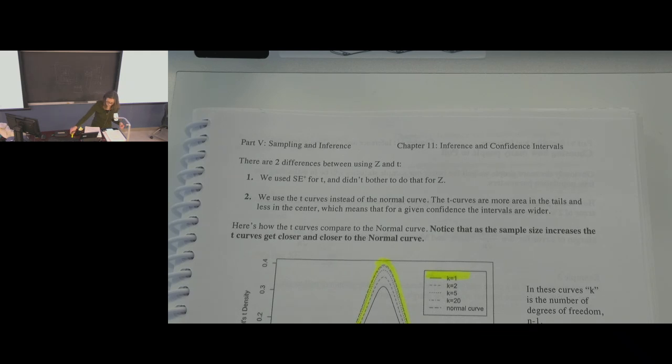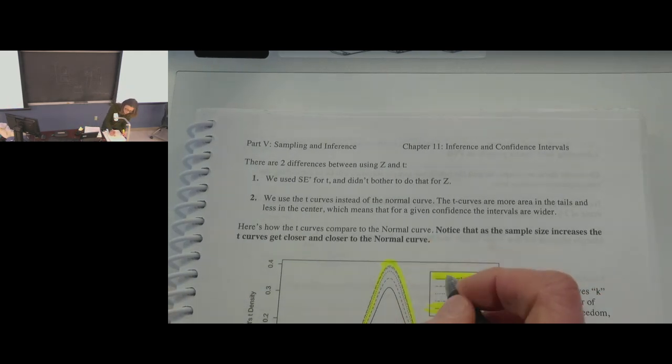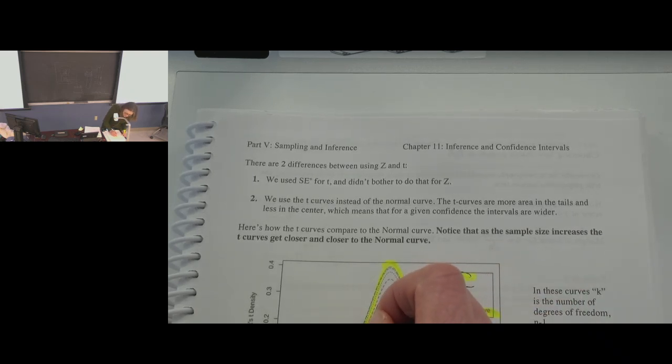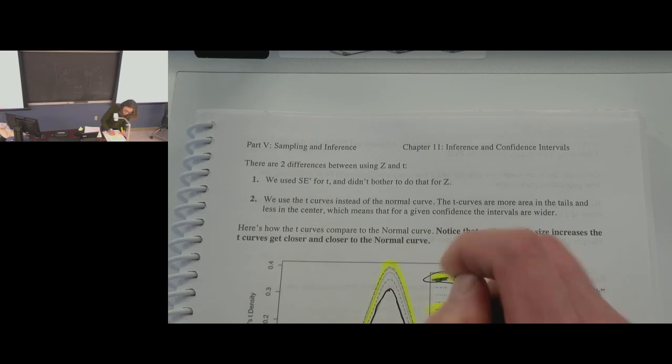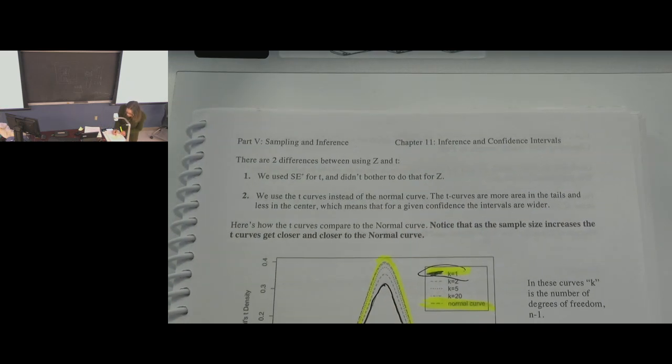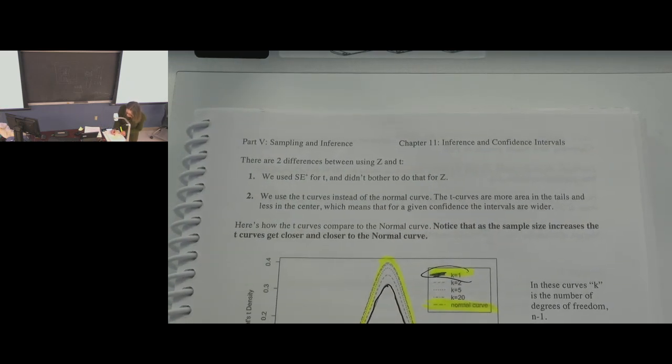Excuse me, this is the normal. This one right here, this is the t. Now you see how the t is flatter in the middle and has much fatter tails.